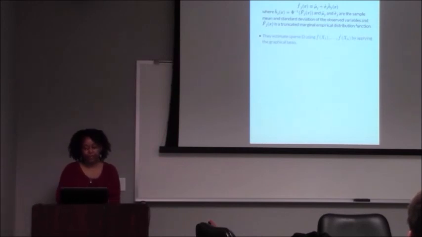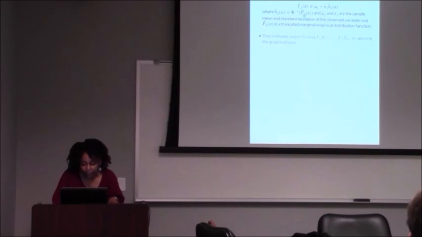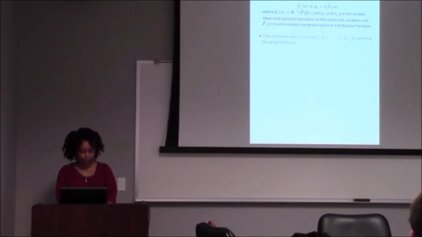So this group used this function here, where this is a sample mean, sample standard deviation, and they use a copula, basically. This is the inverse of a normal CDF. F tilde is a truncated marginal empirical distribution function, and they use this to come up with their transformation functions.